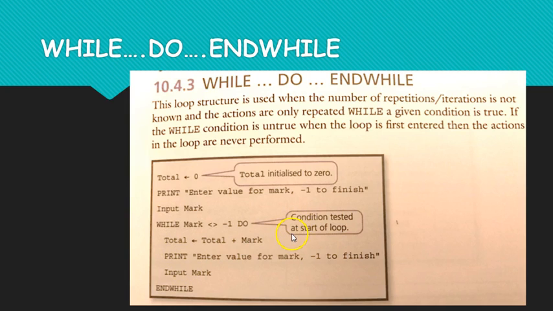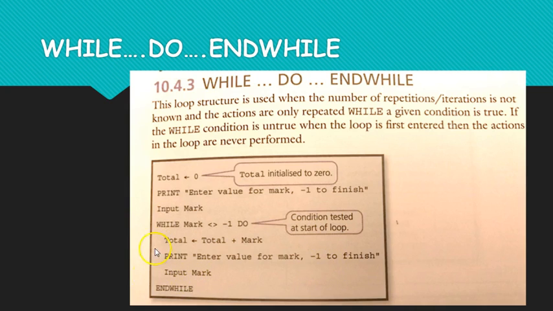So this condition is tested at the start of the loop, so that's where it enters into the loop. What it will do is say total, which is 0. Now we're going to put new data into the total variable, and it will be total, which at this point is 0 on the first time round, plus mark, whatever the mark may be. Okay, and then it will say enter value for mark, and then the same question again, -1 to finish, or enter a new mark.